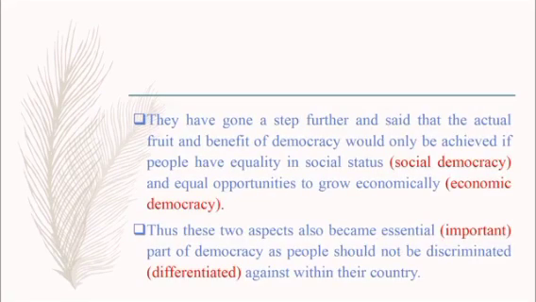They have gone a step further and said that the actual fruit and benefit of democracy would only be achieved if people have equality in social status, which is called social democracy, and equal opportunities to grow economically, which is called economic democracy. Thus, these two aspects also become essential. Essential means an important part of democracy, as people should not be discriminated. Discriminated means differentiated against within their country.